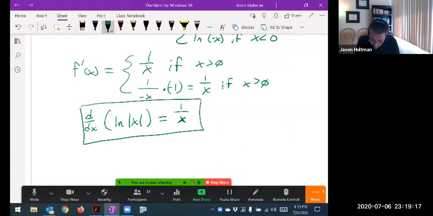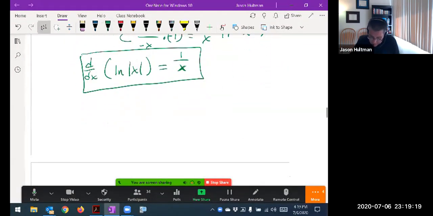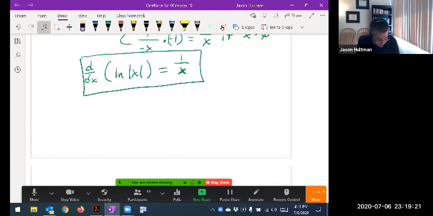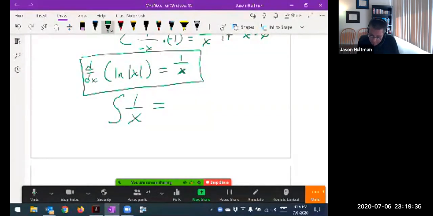Now, what's even cooler about this is that when I take the integral of 1 over x, when I do the antiderivative of 1 over x, what is that going to become?